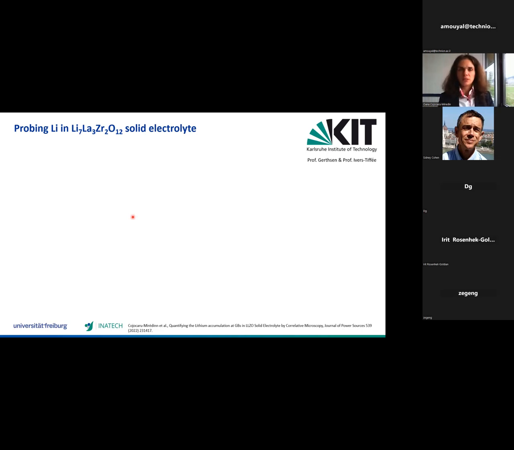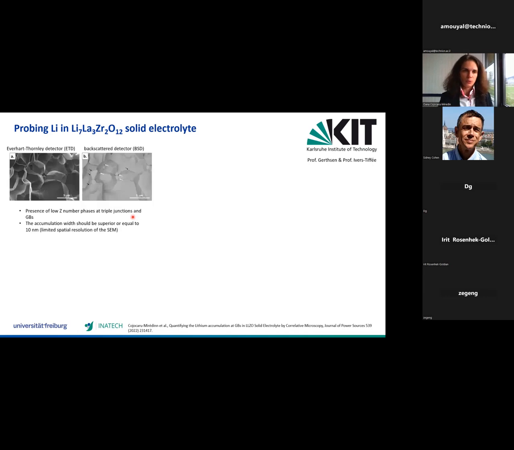So with that, we have started to understand the solid electrolyte and analyze it with the atom probe. We first used a standard SEM and took the solid electrolyte, this is the lithium lanthanum zirconium oxide. We broke one small cell and looked at the cross section and we see indeed that we have a polycrystalline structure with very well-defined crystals.